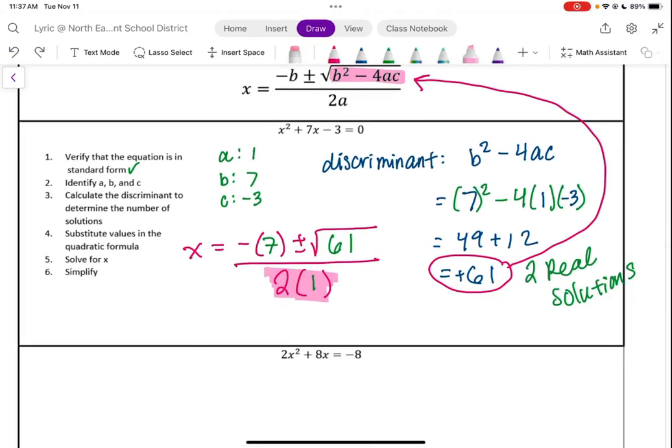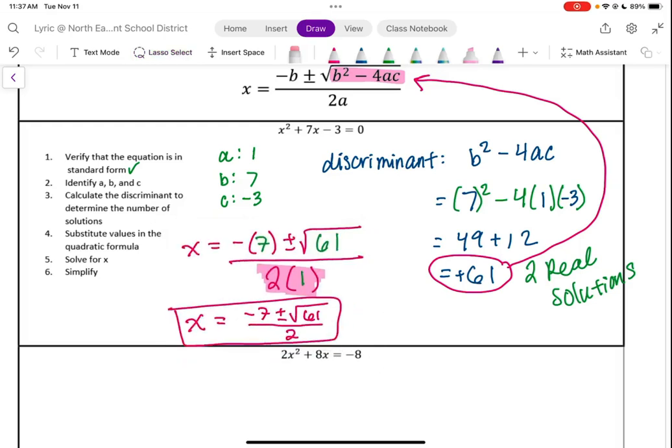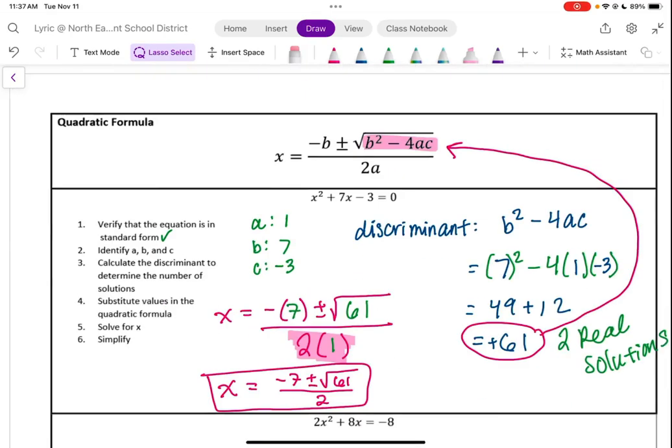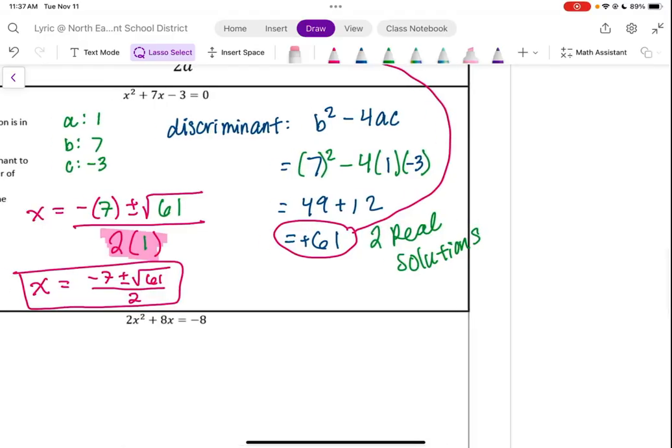So simplifying this, we're going to say our x is equal to -7 plus or minus the square root of 61 over 2. And this is our 2 solutions. We have a -7 plus the square root of 61 over 2, and then we have a -7 minus the square root of 61 over 2.